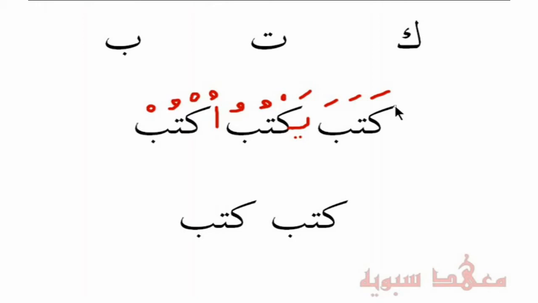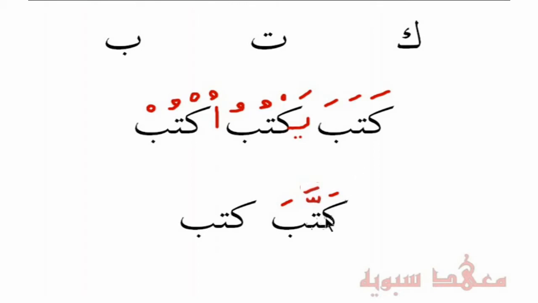However, with verbs we can actually double letters, we can actually add letters in, and it gives a new meaning. For example, and I'll just give one example of this. If we double the middle letter, so instead of kataba, the middle letter is doubled, meaning as if there's two of them. It's kattaba.